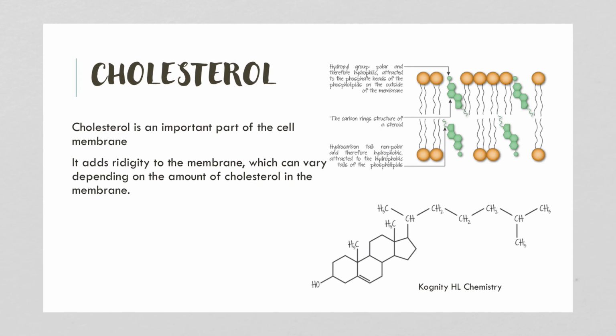In biology, we did learn that cholesterol is an important part of the cell membrane. It adds rigidity to the membrane, and that can vary depending on the amount of cholesterol that's in the membrane. So it helps the membrane maintain its shape, and it adjusts and allows the fluidity to be altered.